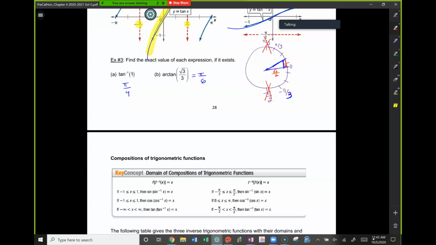So tangent of pi over 6 is 1/2 over root 3 over 2. So that's 1 over root 3, but the rationalized form is root 3 over 3.